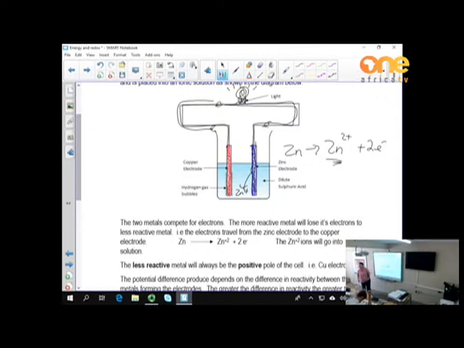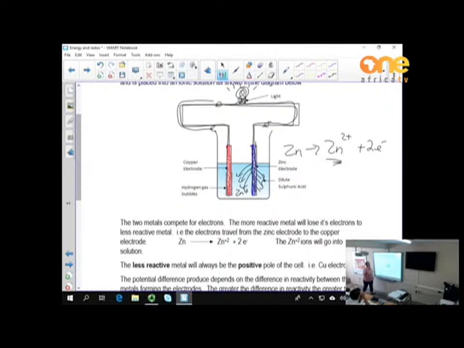It's eventually going to disappear. If my cell is set up like this, at a certain point, if enough zinc goes into solution, the solution becomes so positive around this rod that it doesn't allow the electrons to move over towards the copper rod. And then the cell is flat, it doesn't want to work anymore.